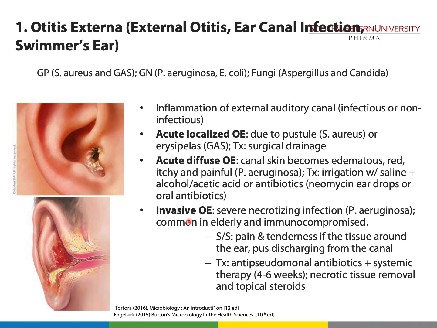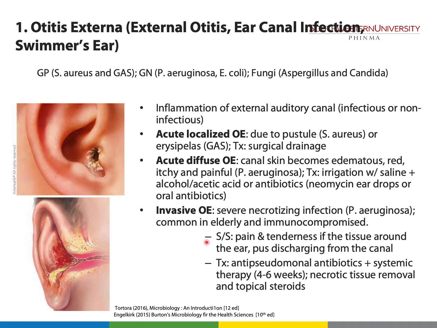Your organism also may cause invasive infection. So invasive otitis externa causes severe necrotizing infections, which is caused by Pseudomonas aeruginosa, and these are commonly seen in elderly and immunocompromised patients.